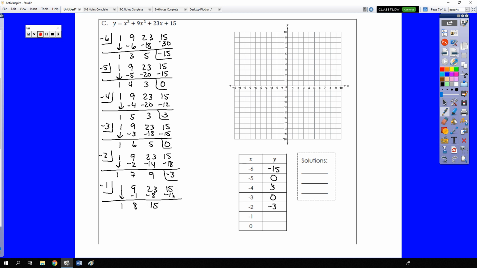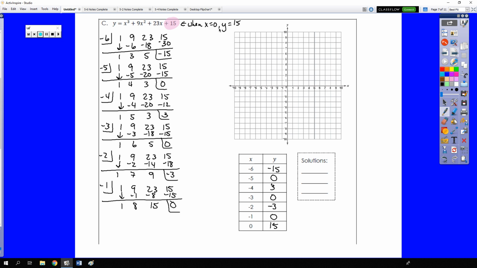Run it again, and we get a 0 for -1. And then, as I mentioned before, we do not need to do 0 because when x equals 0, the y value equals the constant term 15.